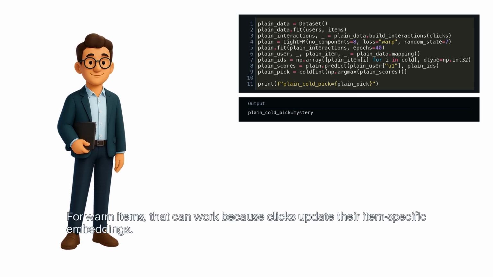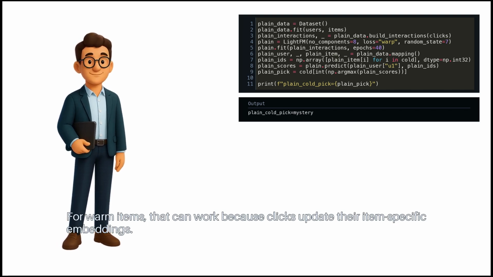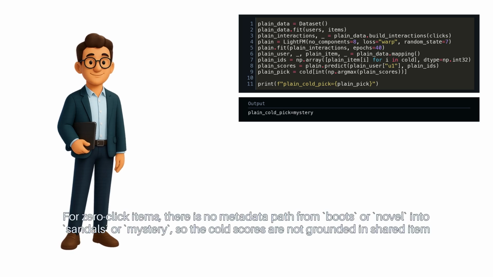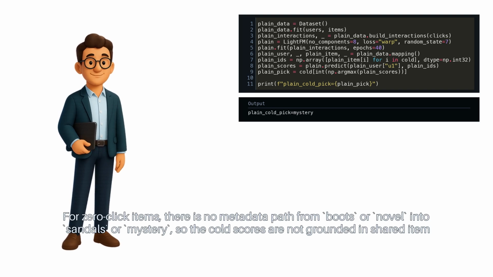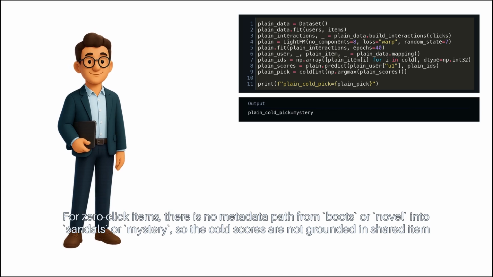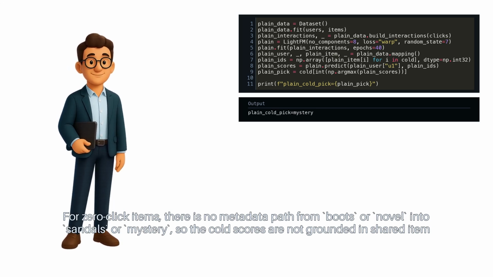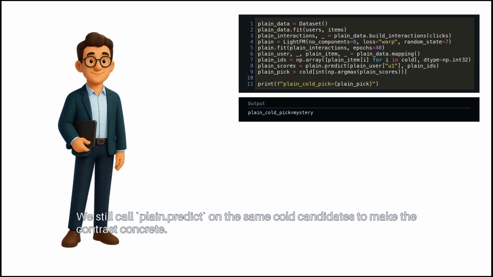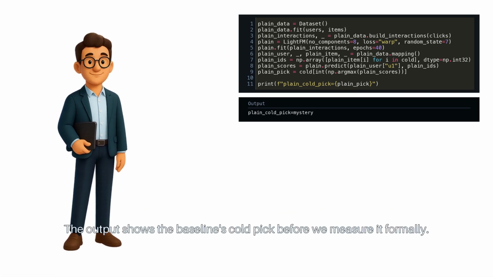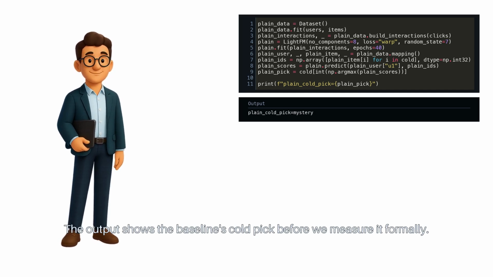For warm items, that can work because clicks update their item-specific embeddings. For zero-click items, there is no metadata path from boots or novel into sandals or mystery, so the cold scores are not grounded in shared item meaning. We still call plain.predict on the same cold candidates to make the contrast concrete. The output shows the baseline's cold pick before we measure it formally.